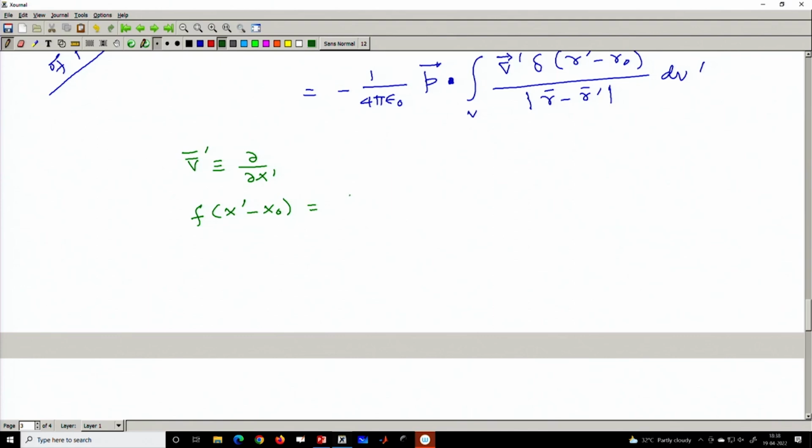So, I can write this function as a whole y. So, del x prime is eventually del y, and if I now write in terms of this y, del x 0 can be written as this del y.